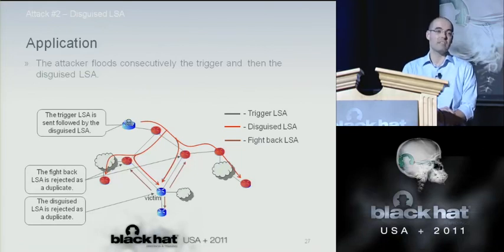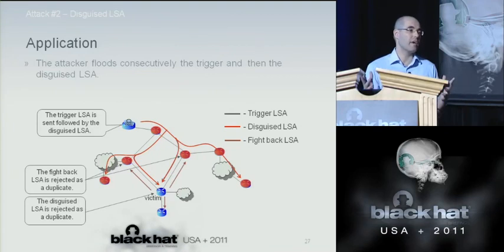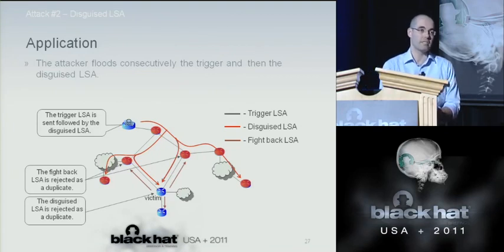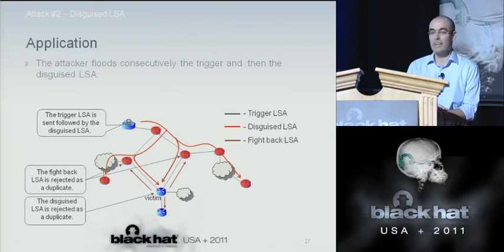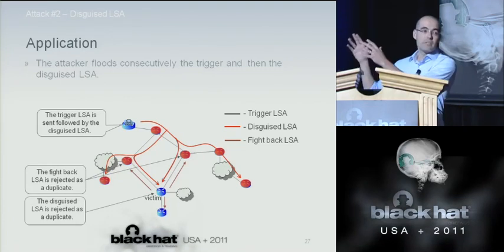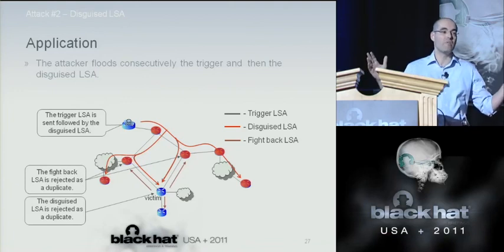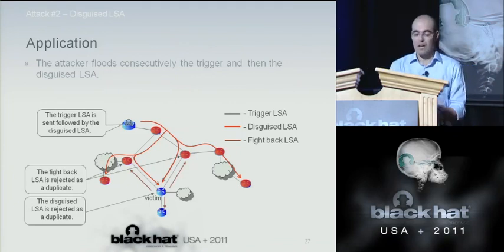And indeed, we simulated this attack on real ISP topologies, and in almost 100% of the cases, the attacker is able to poison the LSA of a victim router for more than 80% of the other routers in the autonomous system, which is a pretty high number. And this way, the attacker can just falsify the LSA of all the other routers in the autonomous system and actually get complete control over the routing process in the autonomous system just from a single router, and that's it.